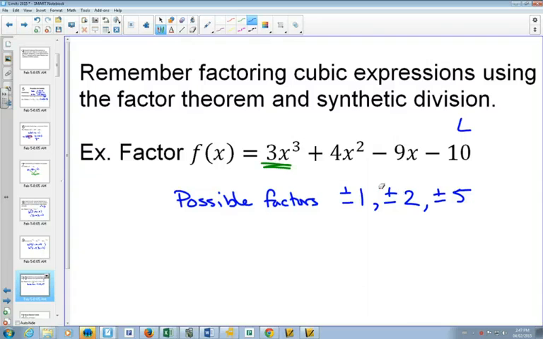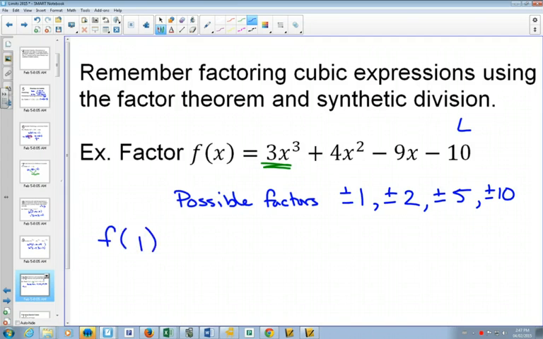We're going to say those might be possible solutions, and then the factors could be x plus 1 or x minus 1, x plus 2 or x minus 2, x plus 5, x minus 5. Oh, and we also have to include 10, because it could be plus or minus 10.